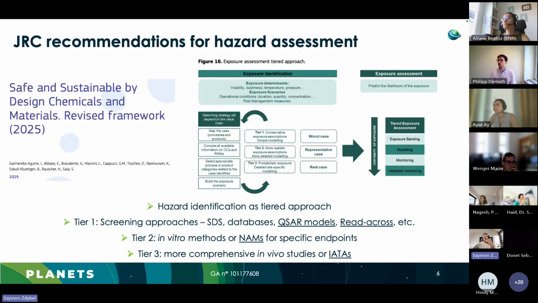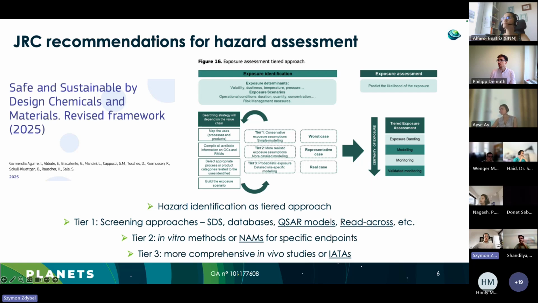Only when necessary, we proceed to tier 3, which involves more comprehensive in vivo studies or integrated approaches to testing and assessment, IATAs for short. By starting simple and progressing to complexity only when required, we make the SSbD process both practical and rigorous.